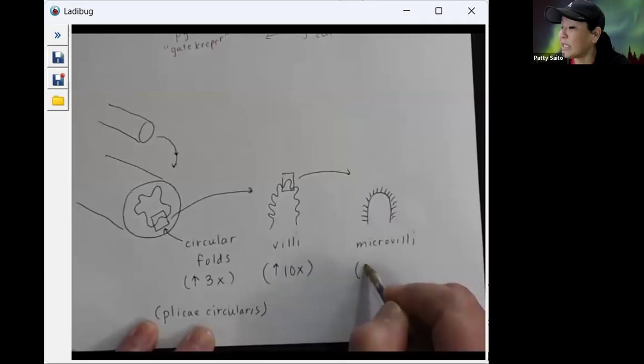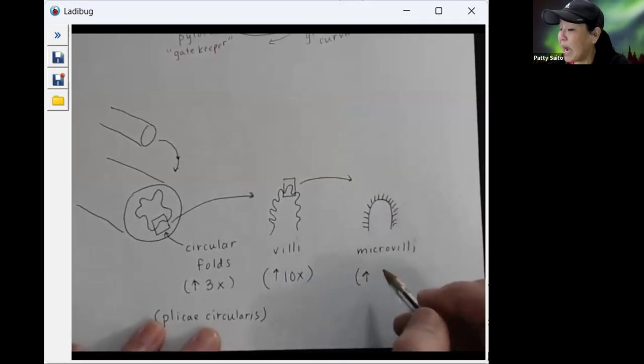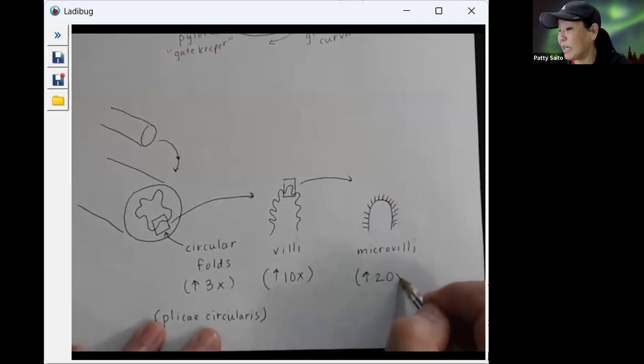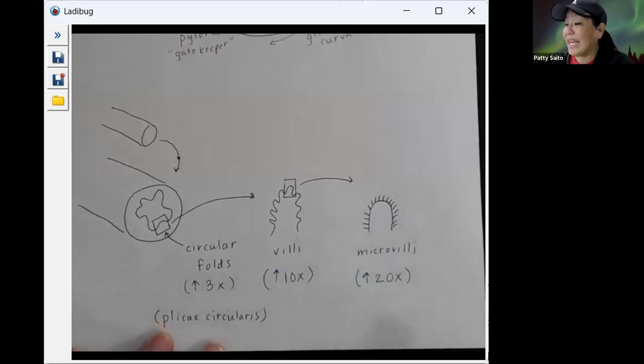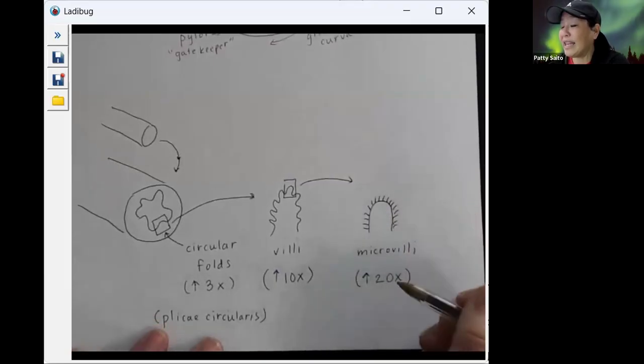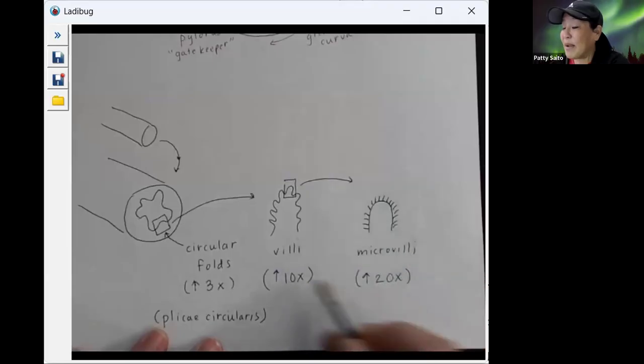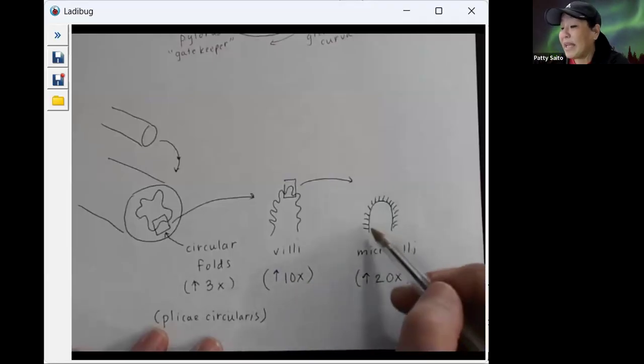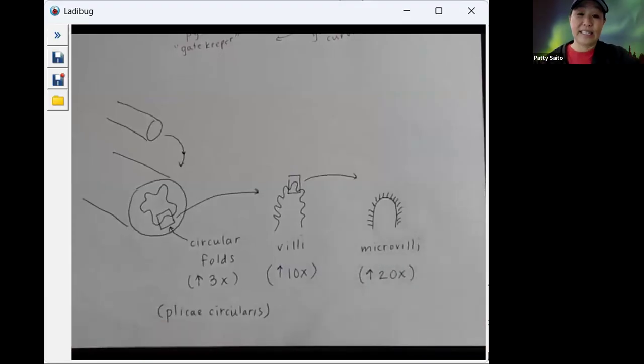And this will increase the surface area by another, I think it's 20 times. But anyway, you get the point. It's going to increase surface area a lot. These numbers may not be quite right, but the surface area is crazy.